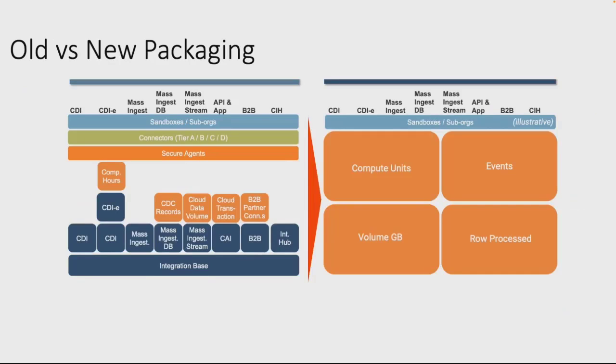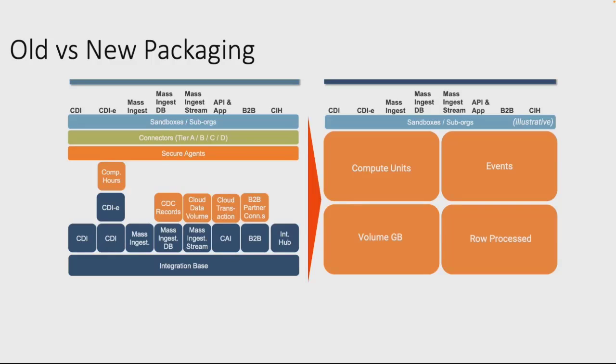Just continuing the recap, the older model would focus on the list of different connectors that you would use. It also licensed on secure agents and so on. With the newer model, as I mentioned, there's no restriction on what services you could use. It's just the meter would vary based on the microservice that you are currently using. So there could be some services which would have the meter focusing on compute units.